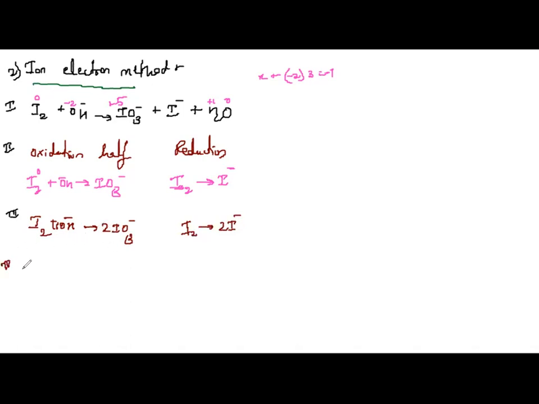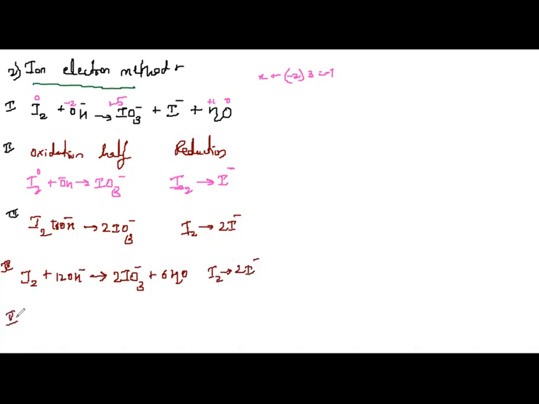Here, on this side oxygen is less, so I will write 6H2O. With 6H2O, 6 times 2 is 12, so 12 OH minus comes here. Adding OH minus, I'll get it like this. This side, nothing to worry. I2 gives 2I minus.